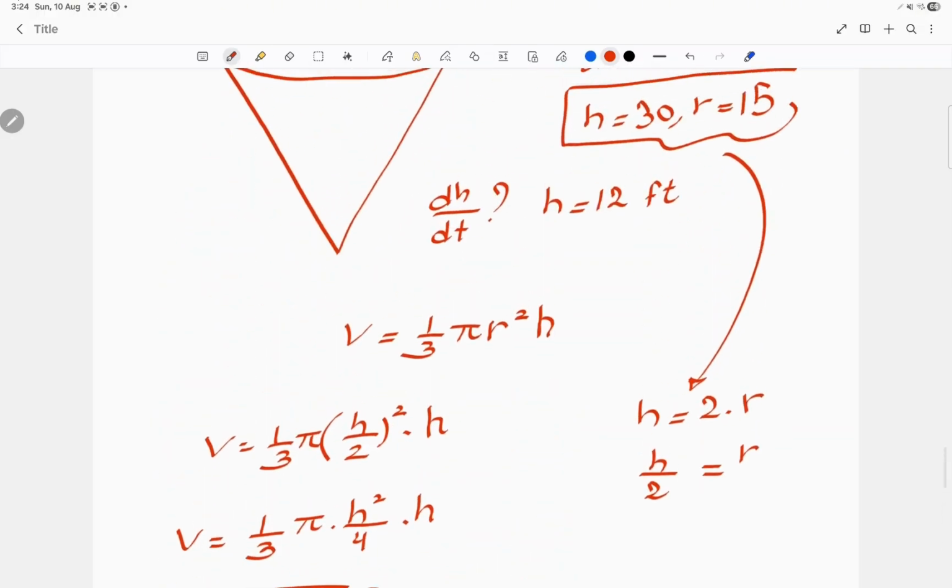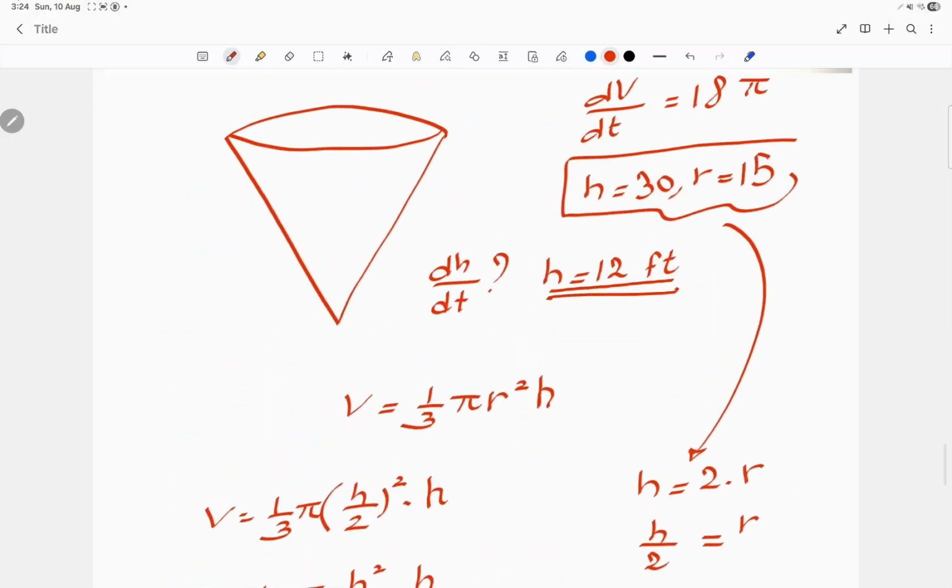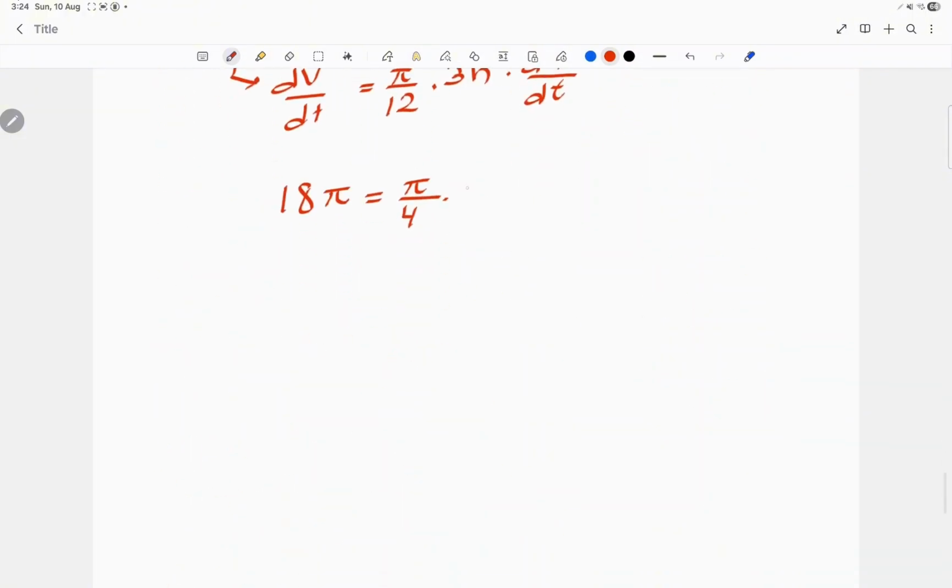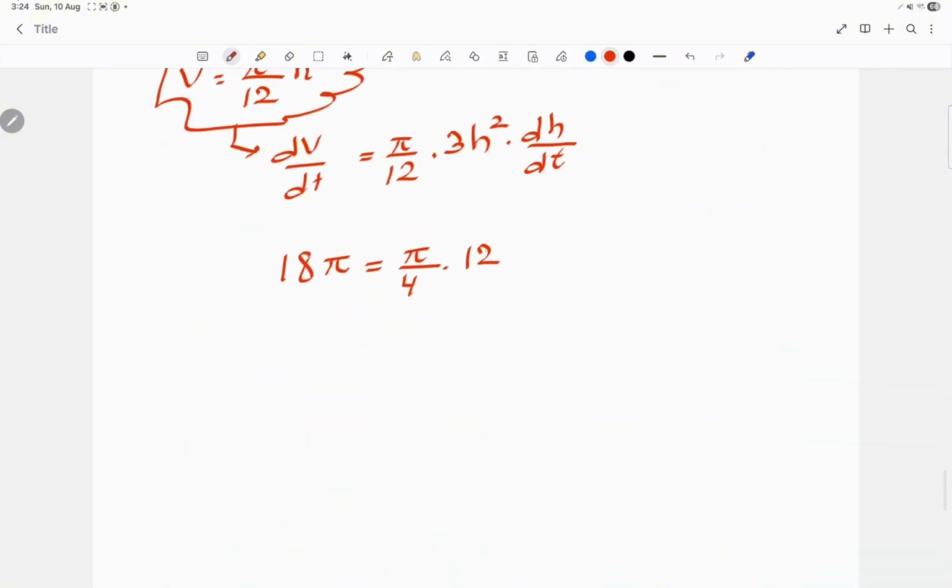They gave us the h in the question to be 12. This is when the height is 12. So 12 squared. We're looking for dH over dt. So we're going to have 18 pi. 18, the pi's go away. So we're going to have 18 times 4 is equal to 144 times dH over dt.